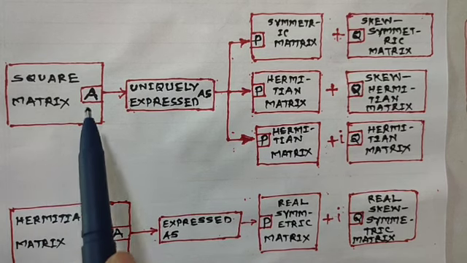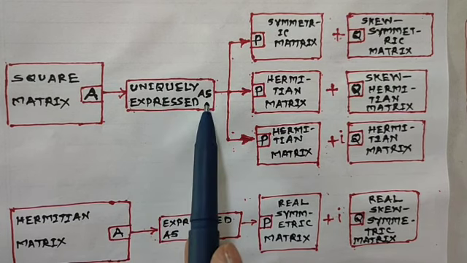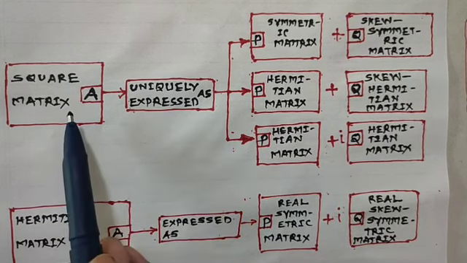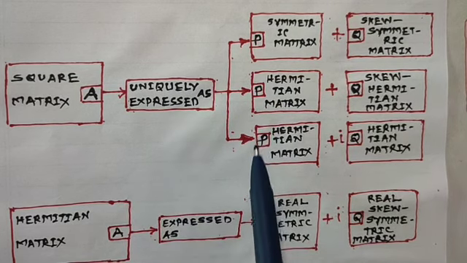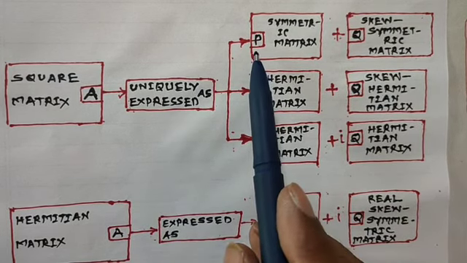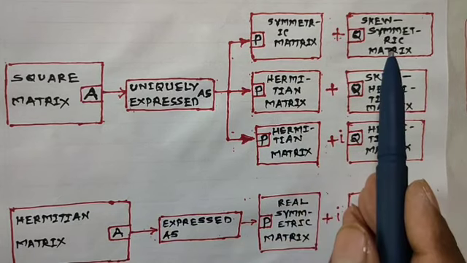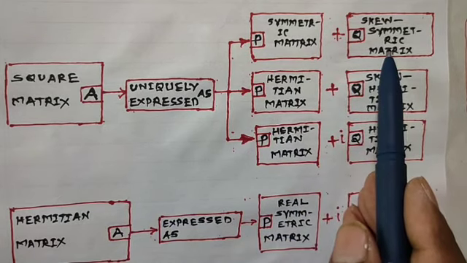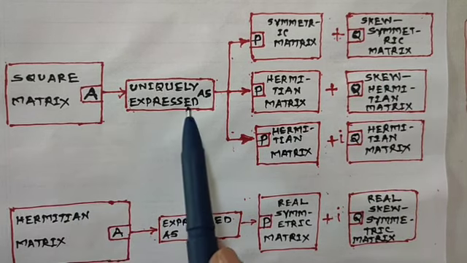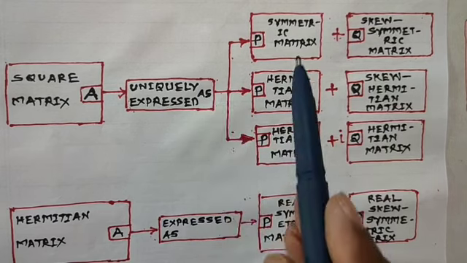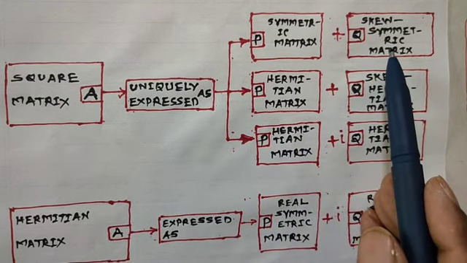Every square matrix A can be uniquely expressed in these three forms. First form is the sum of a symmetric matrix and a skew symmetric matrix.